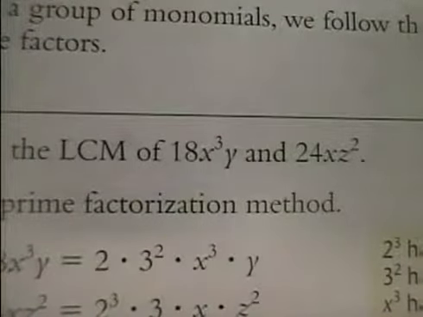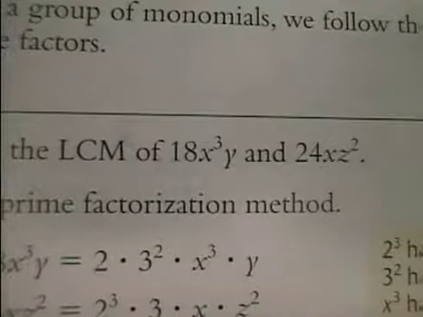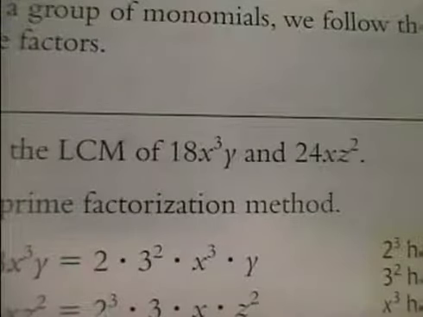I believe I have some chalk over here. 18x cubed, and if you play the game with exactly the same rules, it should be very comfortable. 18x cubed y to the first, and I have, let me write the other one down, 24x to the first z squared.